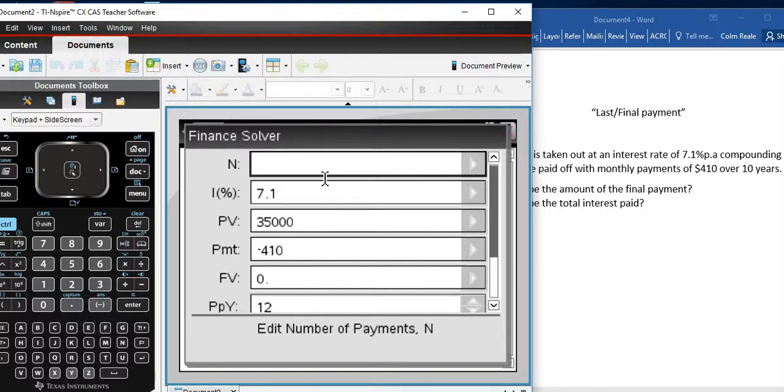Now I'm going to take two different approaches to it. I'm going to do it in an amortization kind of way, where we actually show the interest, and then I'm going to do it a finance solver way. So let's have a look at what's happening in this loan.